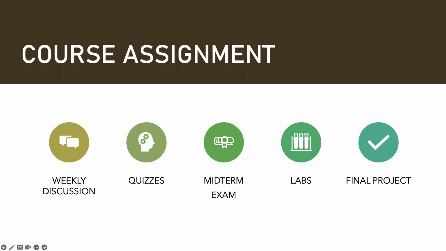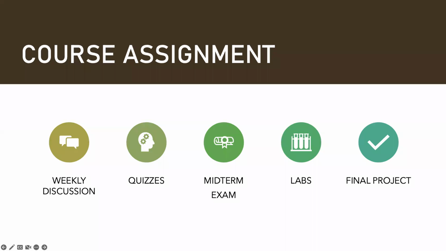So you will need to work on the labs that will be held in person, or you will be given instructions online. You will need to work on the final project that includes population study and economic analysis using census data.